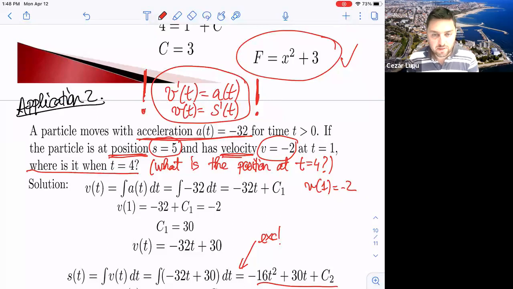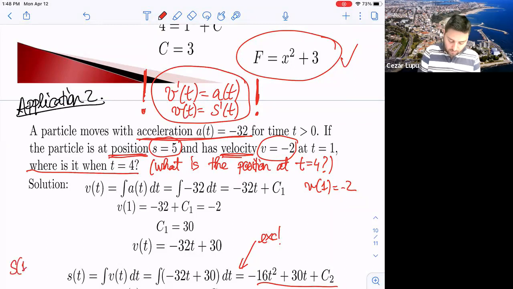But there is another piece of information that I know, which says the following. The particle is at the position s equals 5 when t equals 1. So I know that s of 1 is 5, right?